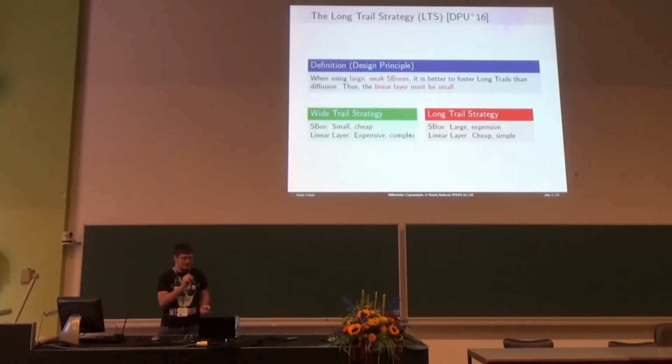If you look at the wide trail strategy, normally the S-boxes are small and cheap, but the linear layers are normally based on MDS matrices, so they are normally expensive and complex. But for the long trail strategy, the designers say that S-boxes, or in that case the ARX-boxes, are large and expensive, but therefore the linear layer has to be cheap and simple.